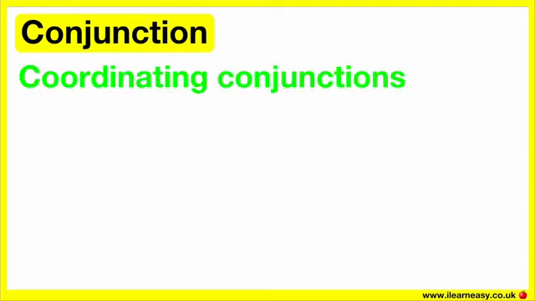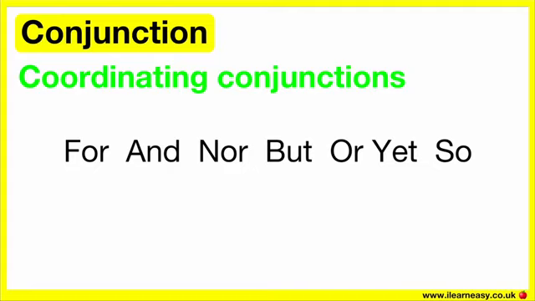A coordinating conjunction joins words, phrases, or clauses of equal importance. The coordinating conjunctions are for, and, nor, but, or, yet, so.